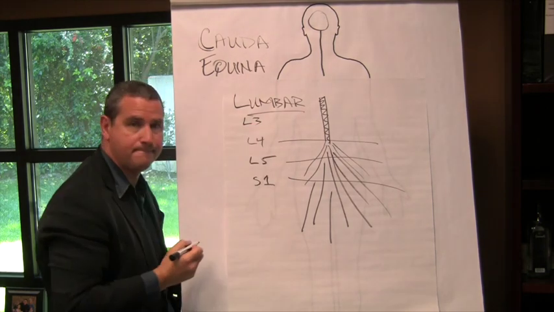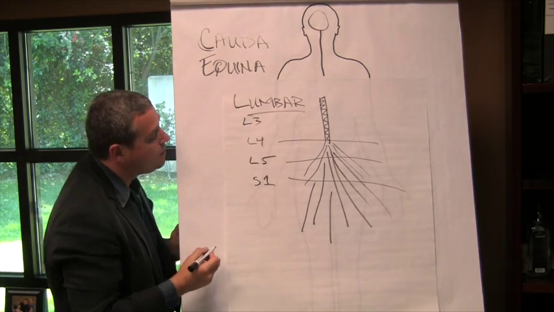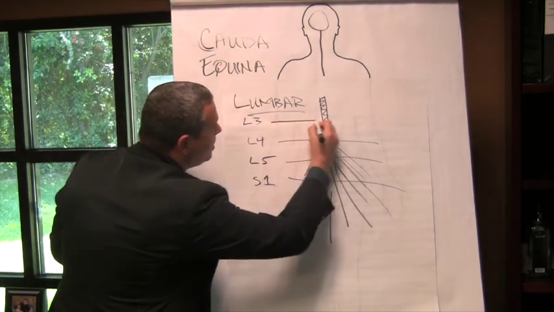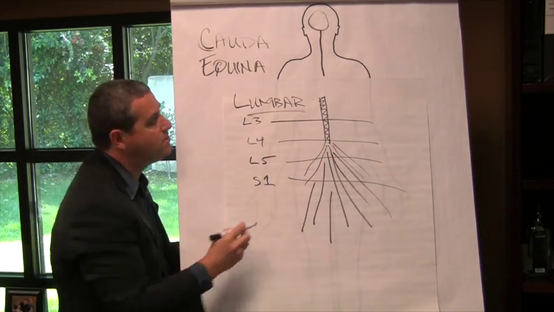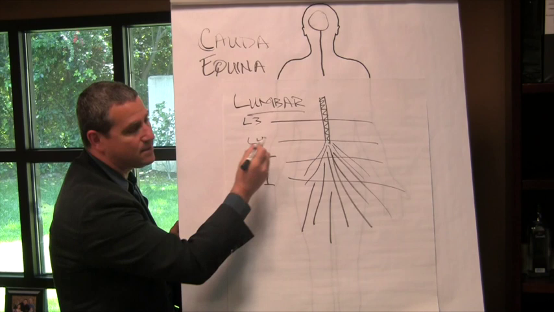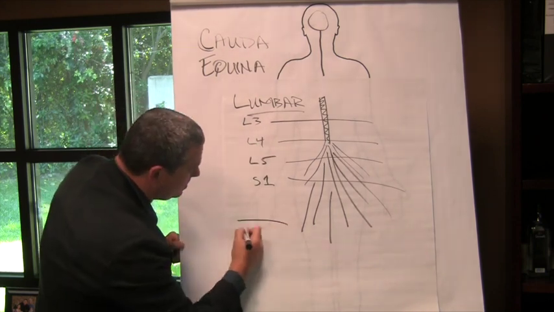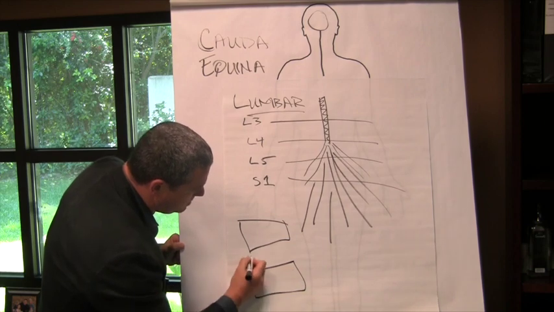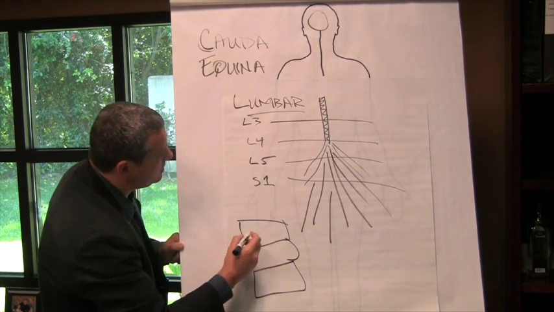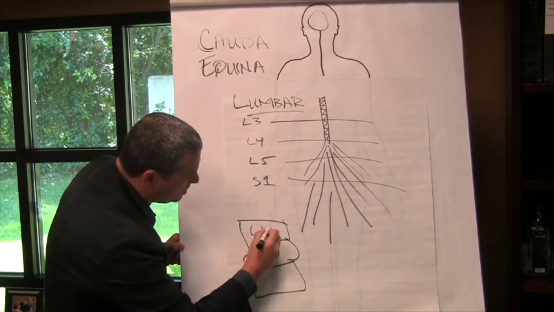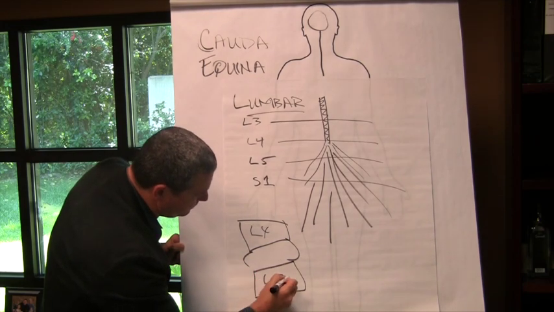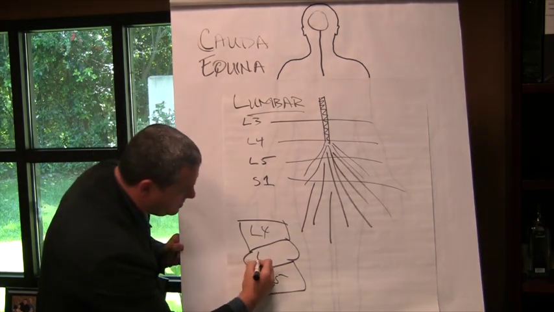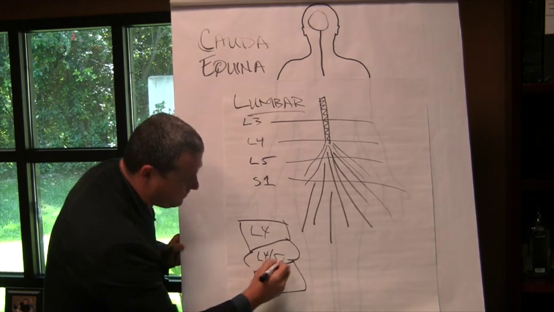And L3. Okay. And so what we know in Cauda Equina Syndrome is where there is a disc injury. So you'll remember the drawing of the vertebrae and that disc in between. So if we have L4, L5, this disc here is the L4-5 disc.